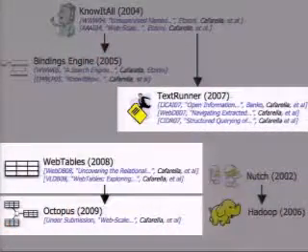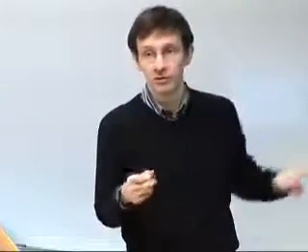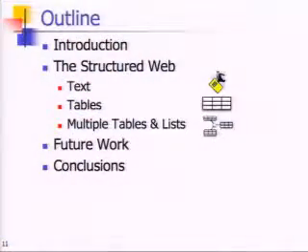The few I am going to talk about are these three: TextRunner, which operates over natural language text to generate structured information; WebTables, which obtains structured information from raw HTML tables it finds on the web; and the Octopus project, which allows the user to tie together some of this extracted data. And so those three different subject matters, text, tables, and then lists and tying it together, are going to form the structure of the talk today.